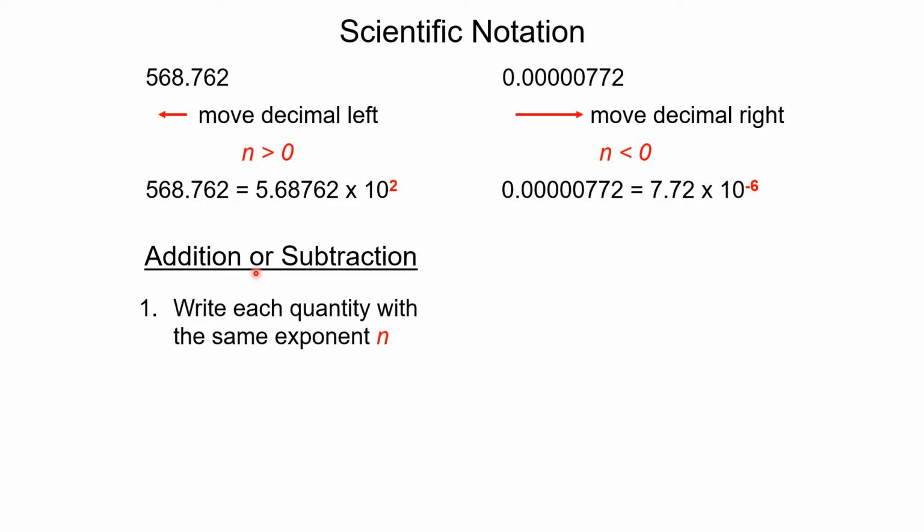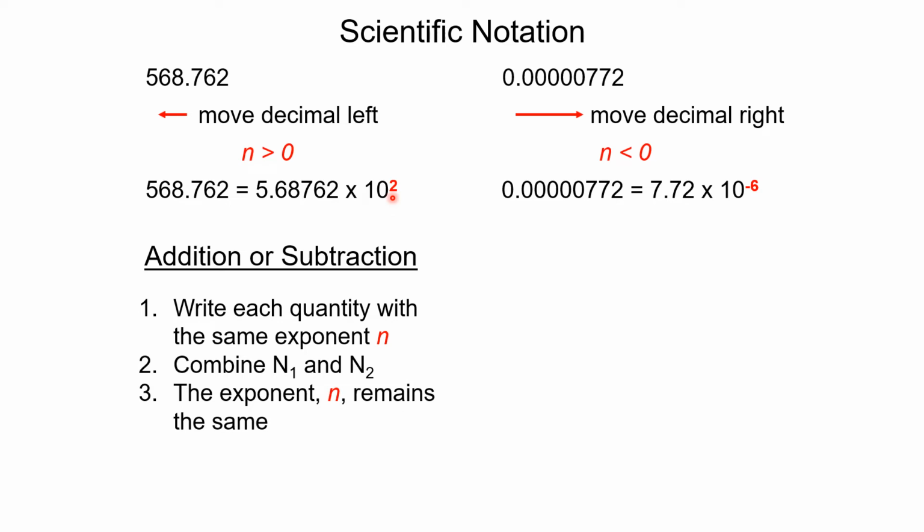So I've got to change them such that the exponents on the 10 are the same. And then I can just add and subtract and keep that exponent where it was. So for example, I want to add these two numbers, 4.31 times 10 to the 4th plus 3.9 times 10 to the 3rd.